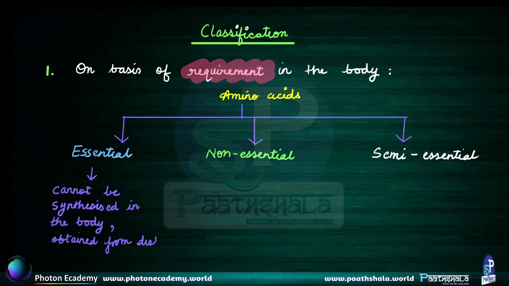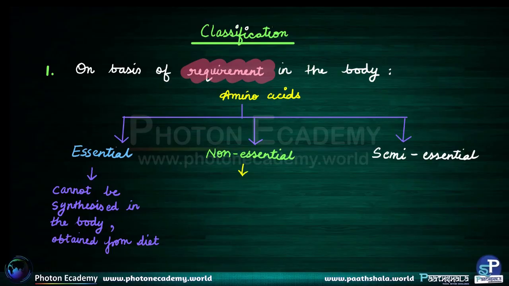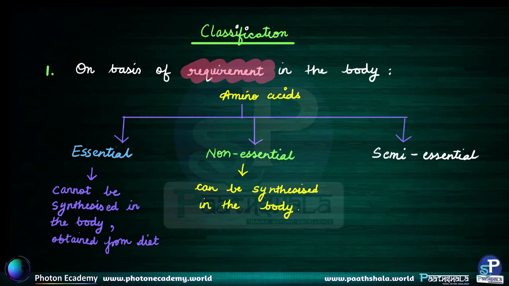Non-essential is a word which stands completely opposite to the essential category. Non-essential amino acids are the ones which can be synthesized in the body. Since they can be synthesized in the body, they don't have to be provided from external sources, that is, from the diet.